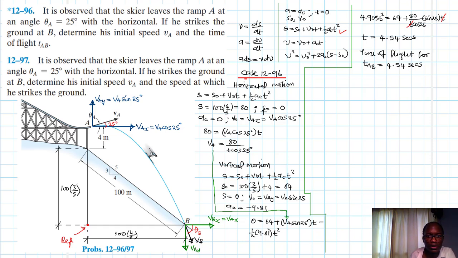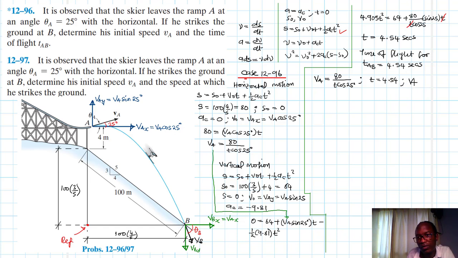So let's use this equation now to find our VA. Finding our VA, we are going to use this equation. We said VA is equal to 80 divided by t cos 25. And our t is equal to 4.54.